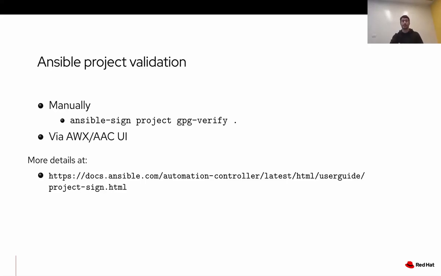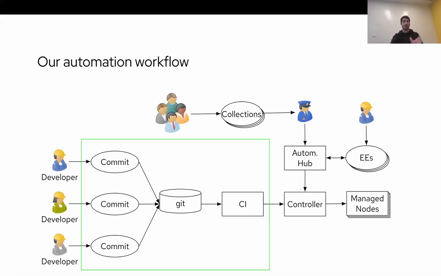And the reason why this is important is because it allows us to extend this validation to the controller. Now, as you can see, I have marked it in a way that means it gets signed in the CI process and checked in the controller.